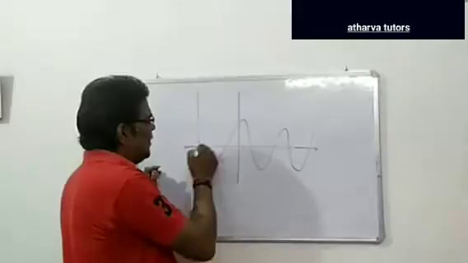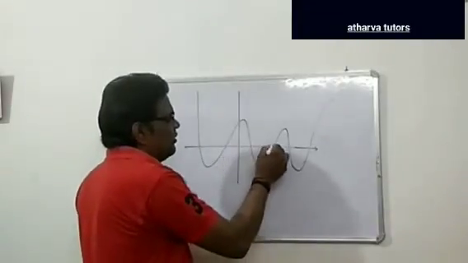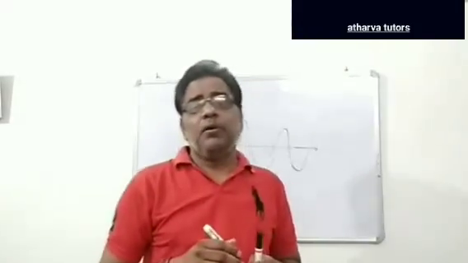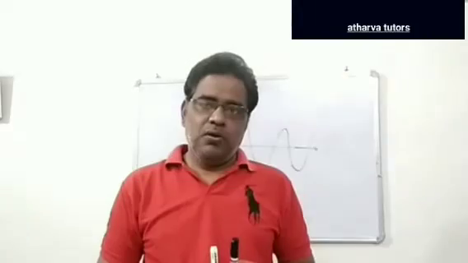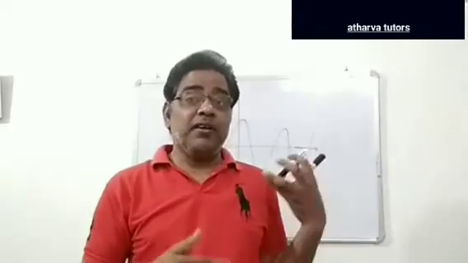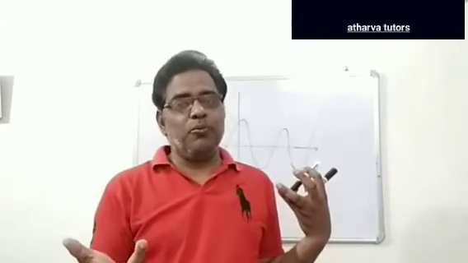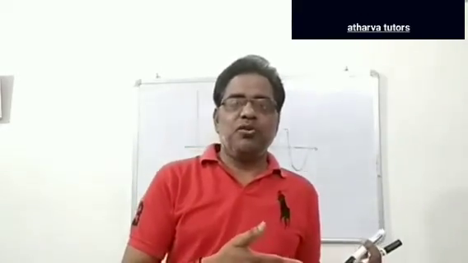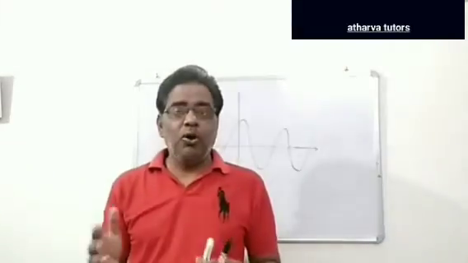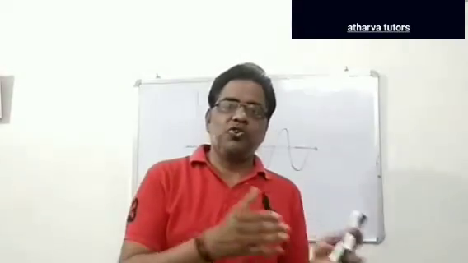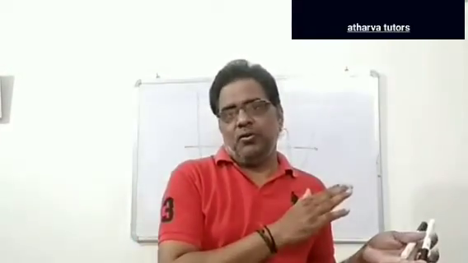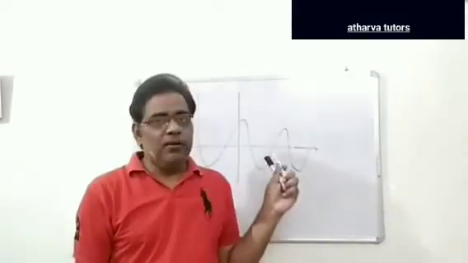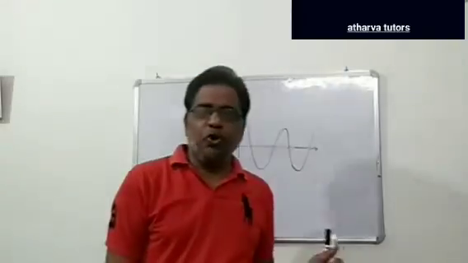So it will cut at 1, 2, 3, 4, 5, 6. So it will have 6 zeros. And if they ask what is the degree of this polynomial, the degree of the polynomial is 6. The number of zeros is equal to the degree of the polynomial. So this way you can easily tell how many zeros the polynomial has.